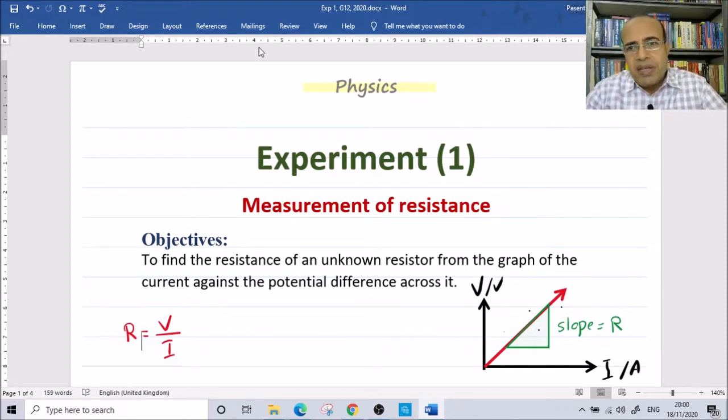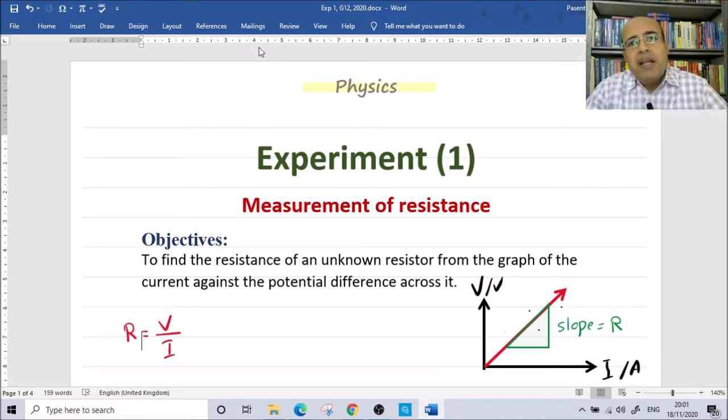To draw the relation between V and I, we need many values of V and corresponding values of I. So the apparatus must contain a DC power supply, an ammeter connected in series, and a voltmeter to measure the voltage across the resistor.